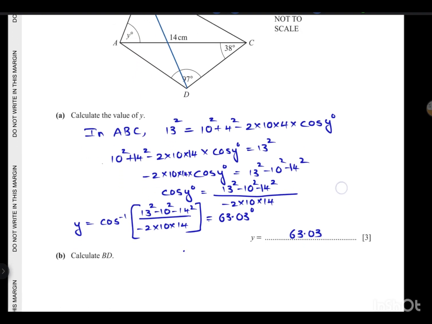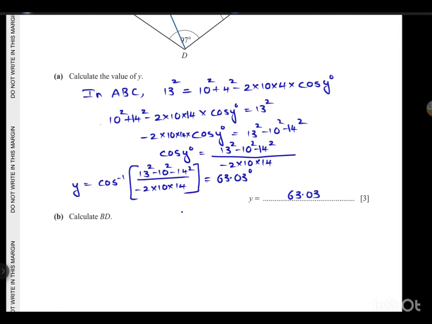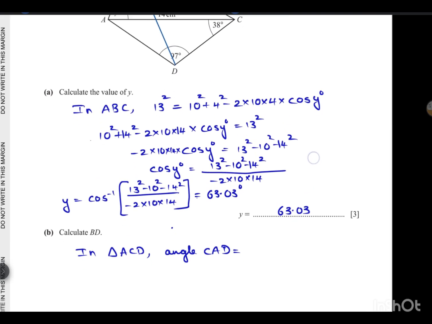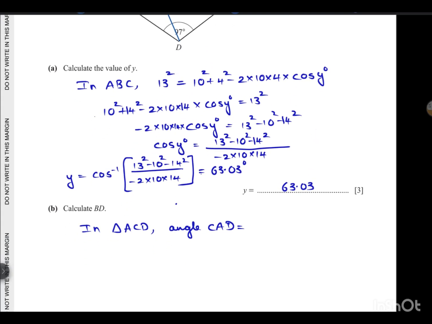So in triangle ACD, we'll write that first. In triangle ACD, angle DAC is equal to 180 minus the given angles, that is 97 plus 38.